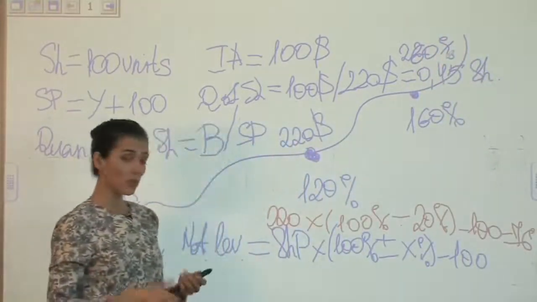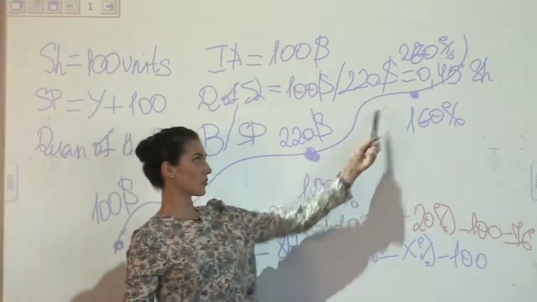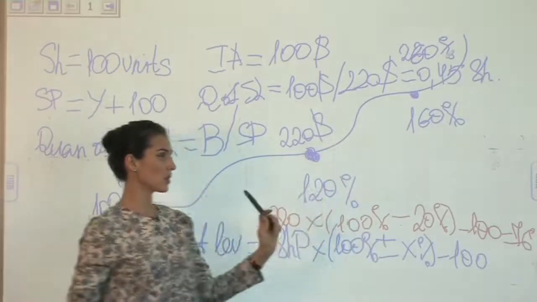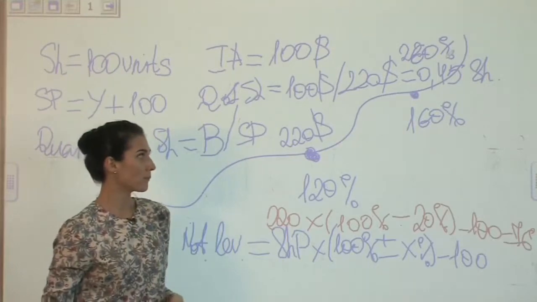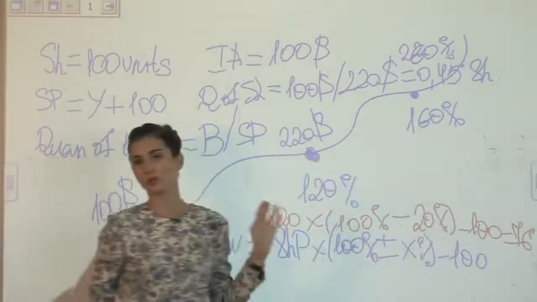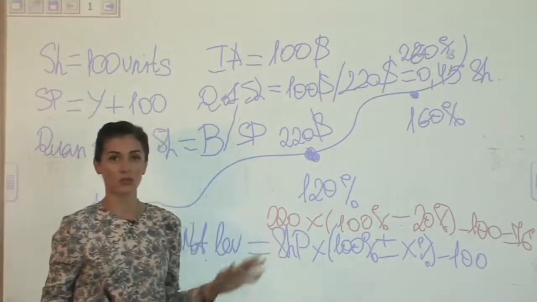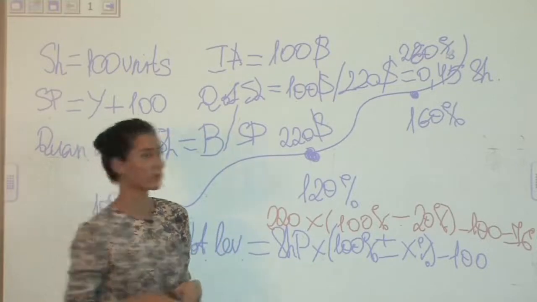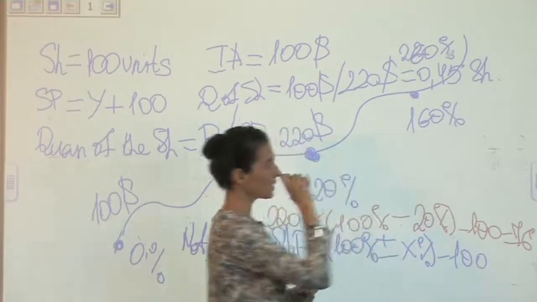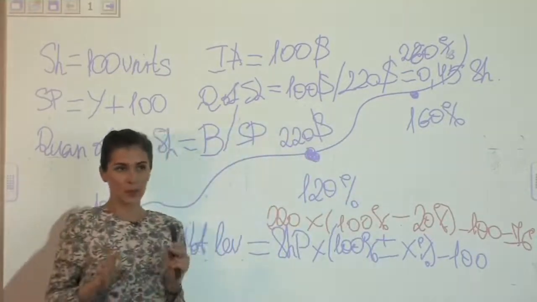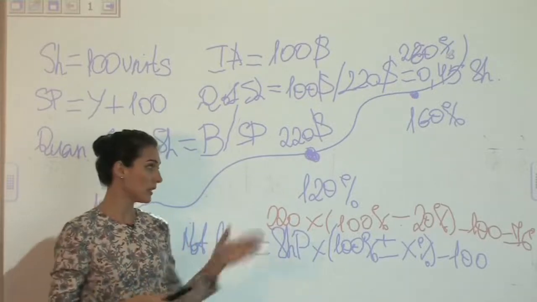If we want to know the rate of return for the period between these two points, we should use a special formula, because we can't just do 160 minus 120. It's not 40%, the yield is not 40%. We should count it through the formula, based on the share price or on the yield in general.